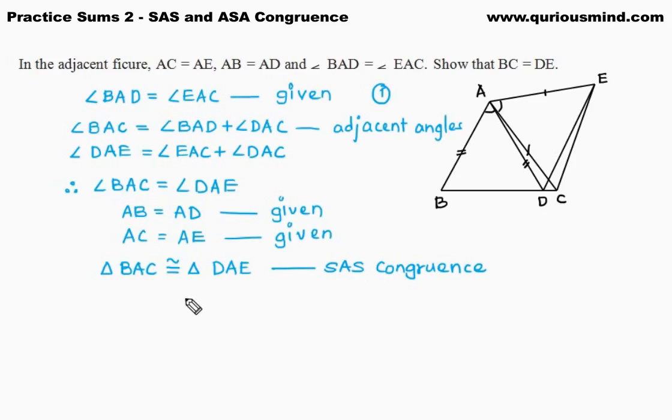Since these triangles are congruent, their corresponding parts are going to be equal, which gives us BC equal to DE, and that's what we wanted to prove. Let's go to the next sum.